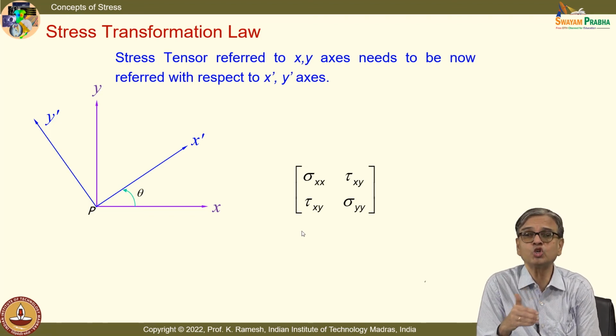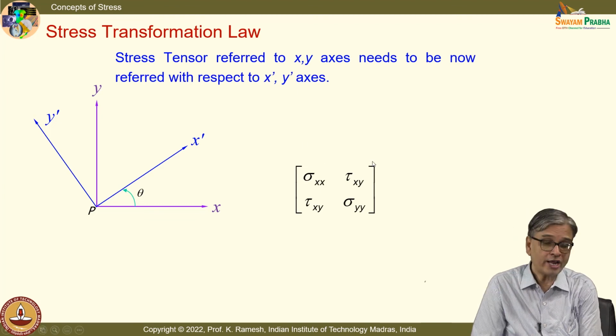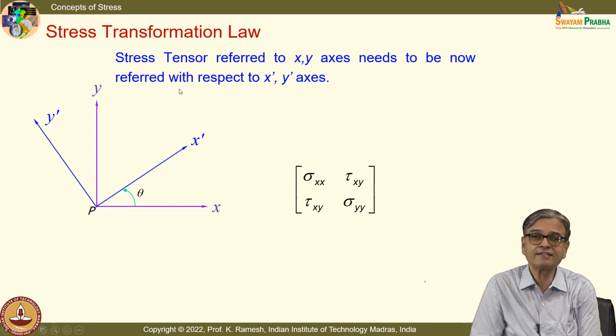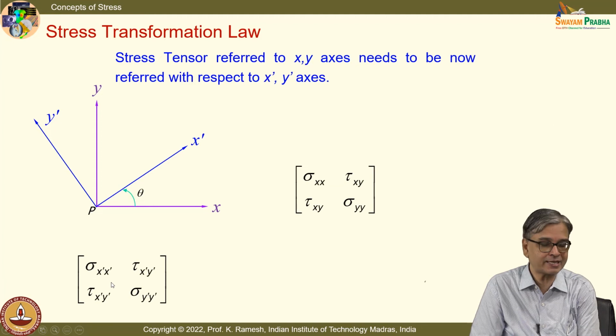We will also see the conservation law from multiple angles. You can do it in many different ways. And what I want is to get this referred to axis x prime. What is the meaning of it? I actually want sigma x prime x prime, tau x prime y prime, and sigma y prime y prime.